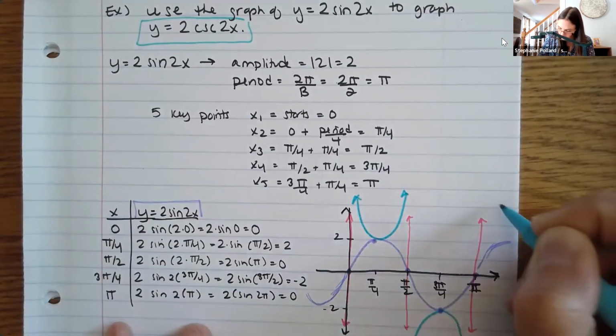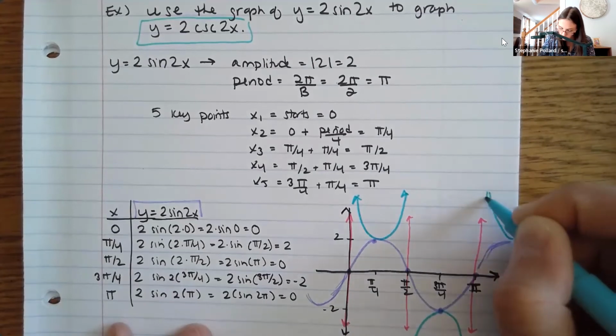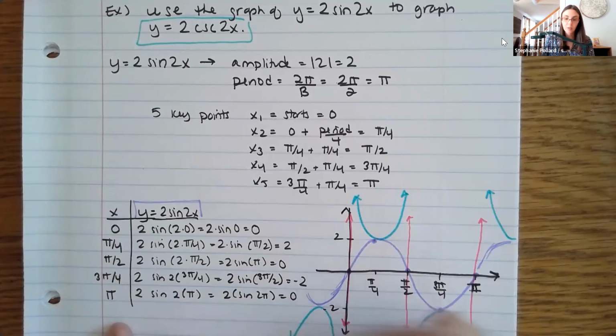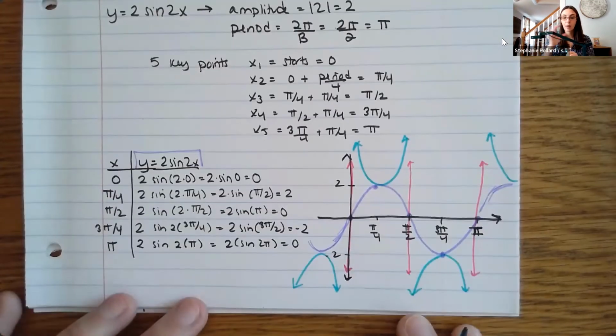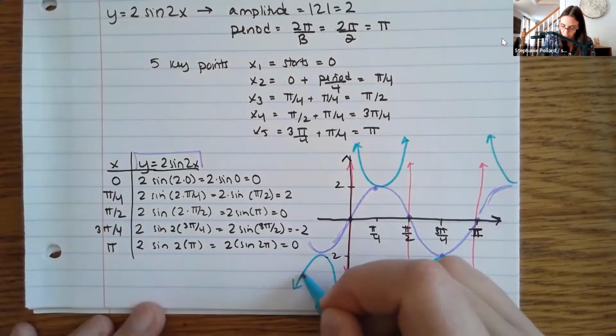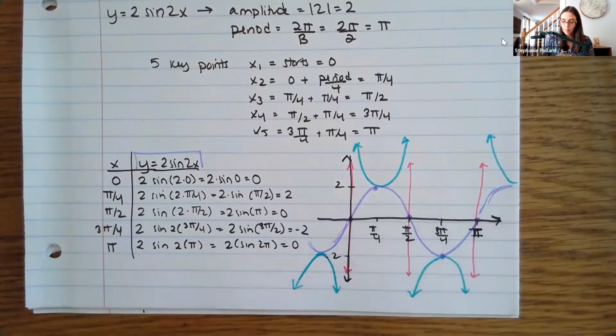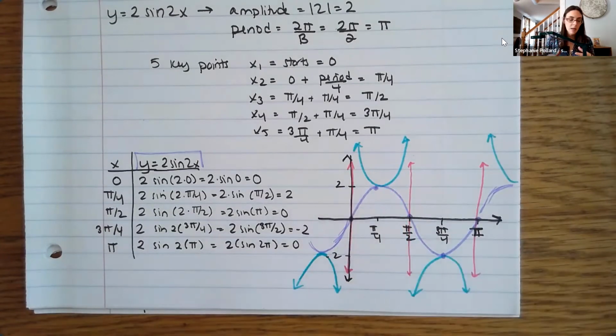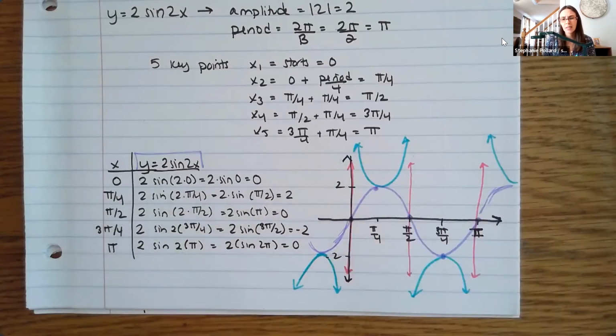And again, you'd have another one coming in this way, and another one coming in this way, and so on. So you would just bump off that sine curve here, heading either up or down. So that amplitude of the sine curve does actually affect where those U's start. And remember, those x-intercepts are going to be where your vertical asymptotes are. So this is how we can graph cosecant, or how we can graph secant as well.